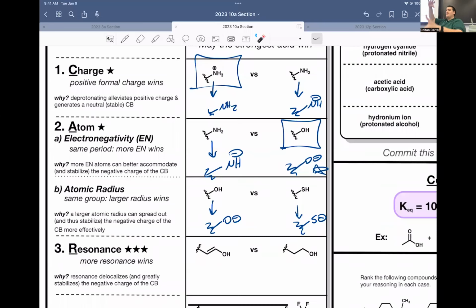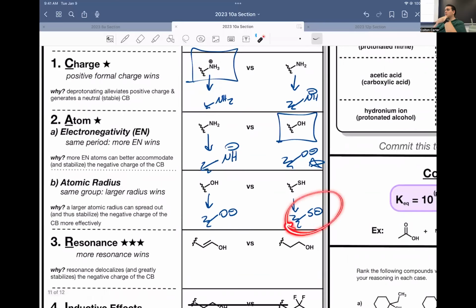And imagine this sphere is like the 3s orbital. It's this big. If you can spread out the negative charge in this big space or this small space, which do you think is going to be more stable? The big space, because you're spreading out the negative charge over more actual 3D space. And so sulfur, because it's further down on the periodic table, has a larger radius. You're spreading out that negative charge among a larger space. And so this one's more stable, which means the SH is a stronger acid.